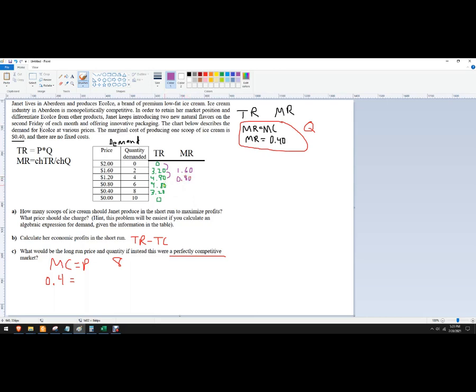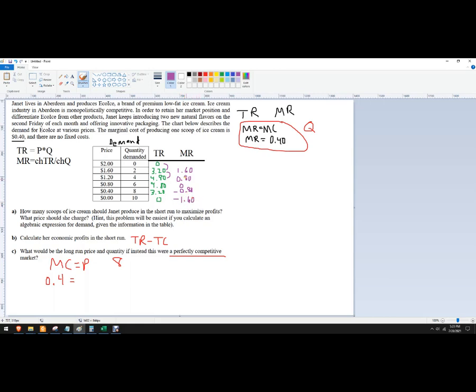Then this one is no change, so it's actually going to be 0. Now we've got total revenue declining, so it's negative: negative 80 cents, and then here negative $1.60.